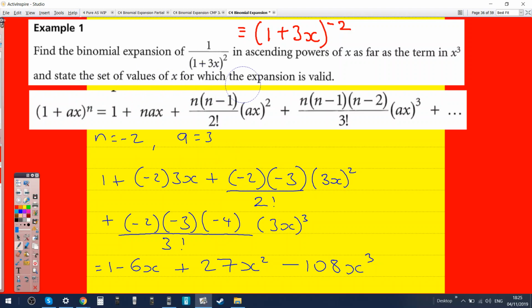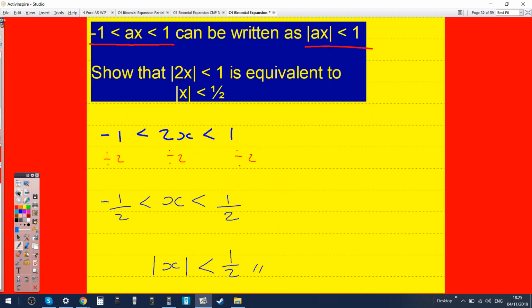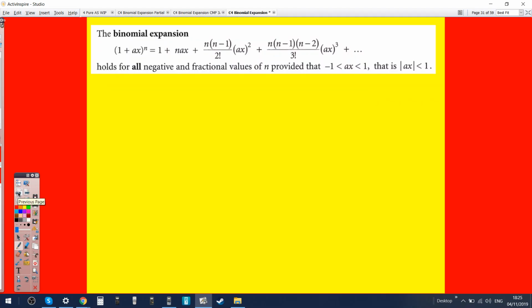State the set of values of x for which the expansion is valid. So do we add all of these values together? Can't. I know we can't. What I remember doing was multiplying stuff, but then excluding the x cubed multiplied by x squared, for example, because that would make x to the 5.